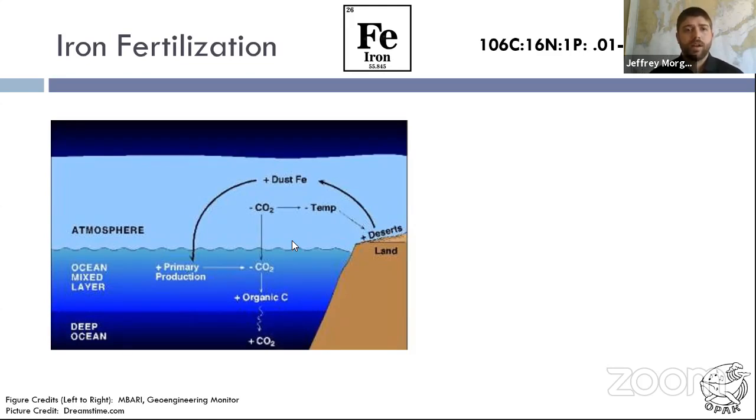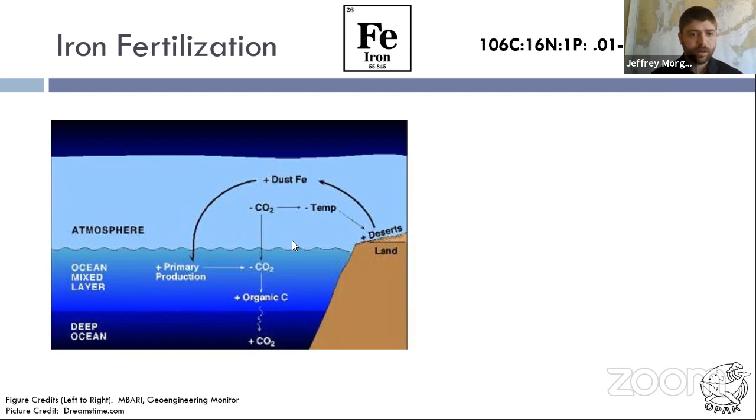And it takes a lot of iron to do this, because if we think about that Redfield ratio that I just told you, we would need a lot of iron for the amount of phosphorus and nitrogen that would be in the ocean.